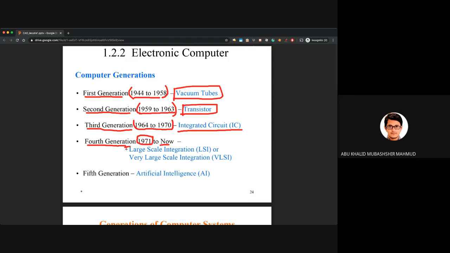It included large scale integration and very large scale integration, LSI or VLSI. And the fifth generation that we are finally using is a kind of artificial intelligence operated. So that's all about the brief summary of the five generations of computers.